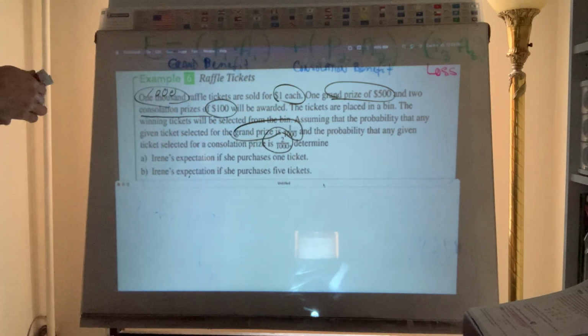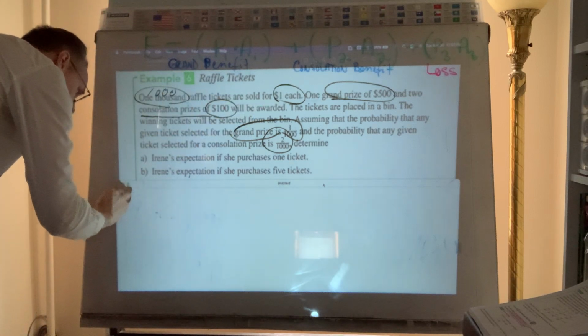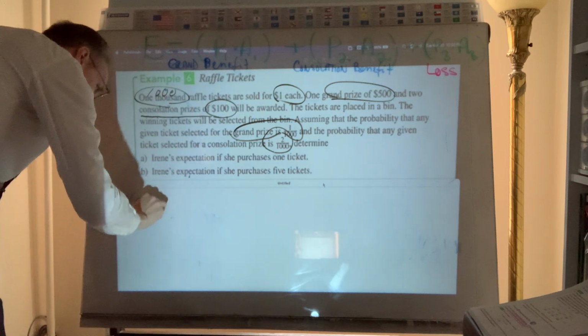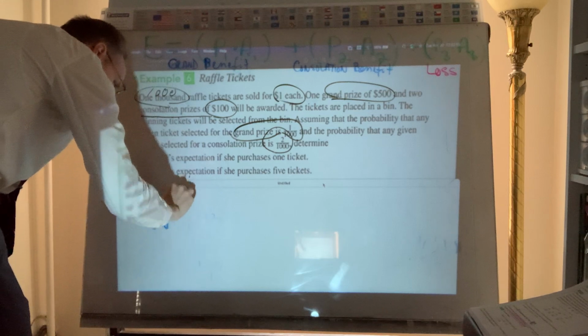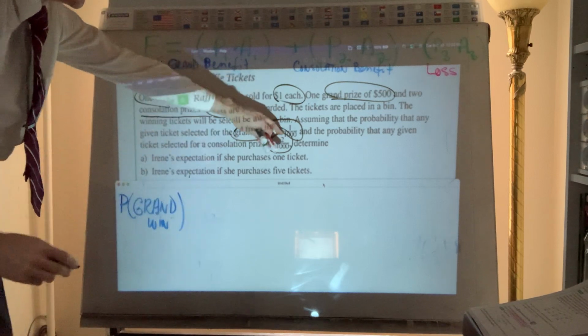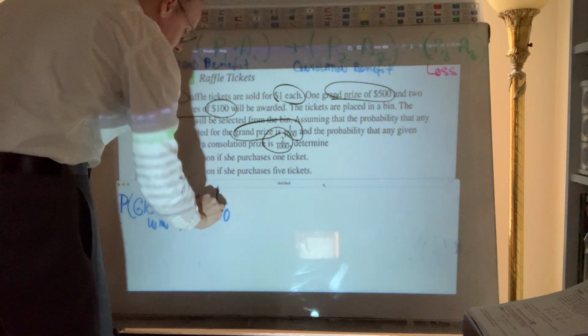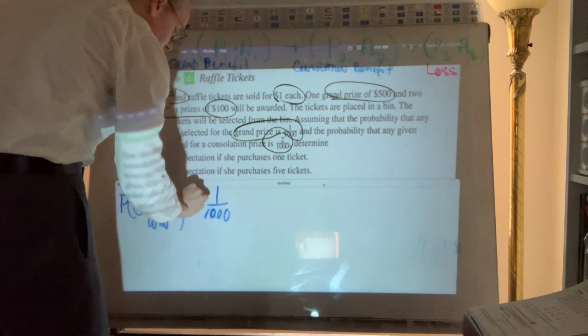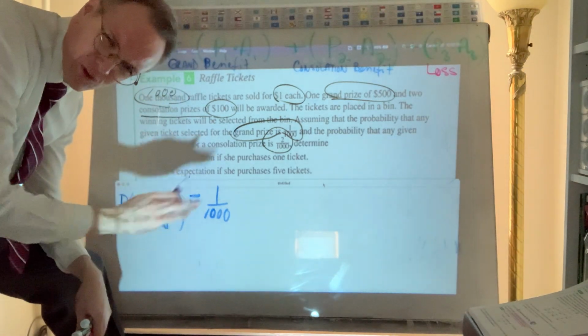Okay, let's just translate what is basically stated here. The probability that they have described of winning the grand prize is 1 in 1,000. If you're like me, a little anal, you might be thinking, well, did they put the tickets back or not?